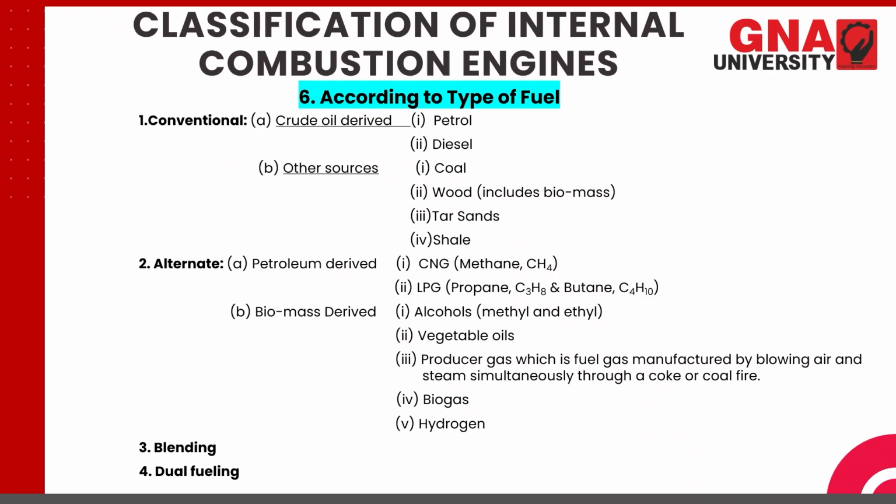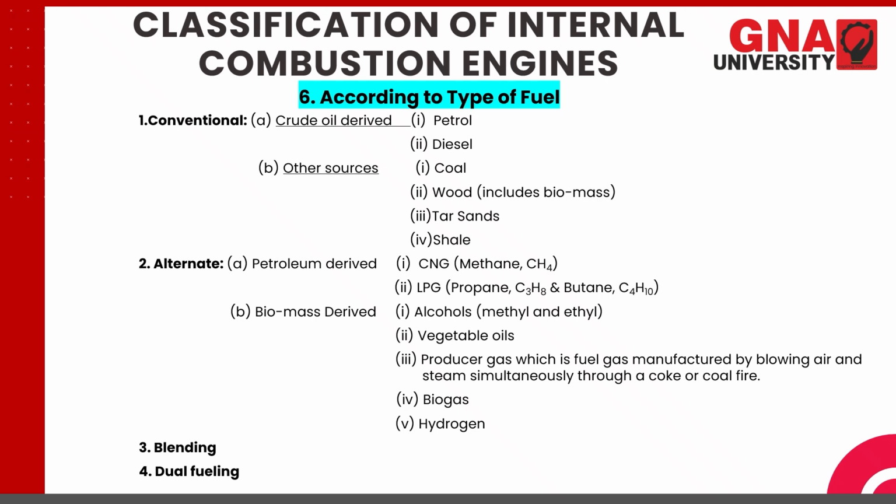Then we have vegetable oils produced from vegetable oil seeds. Then producer gas is there. Producer gas is a fuel gas manufactured by blowing air and steam simultaneously through a coke or coal fire. Producer gas includes carbon dioxide, carbon monoxide, steam and moisture.